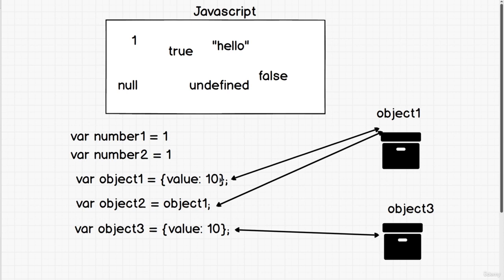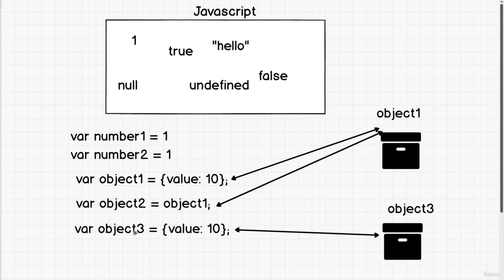So what we said was, I want object1, create a new object. We'll say this box over here, this filing cabinet, and in it, put value 10 into this box. Object2 says, I want you to just reference, and that's where the word comes from, reference object1, saying, hey, I want whatever's inside this box.